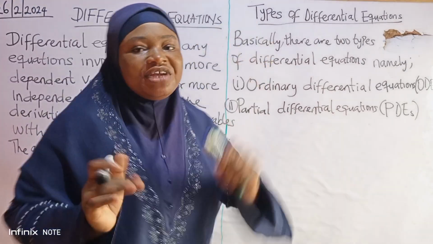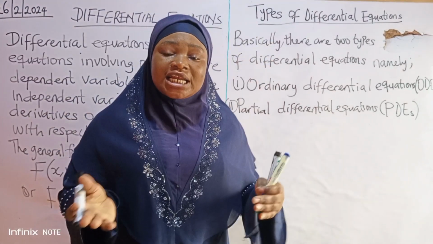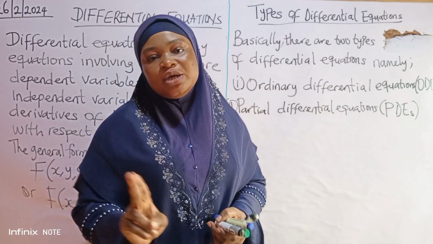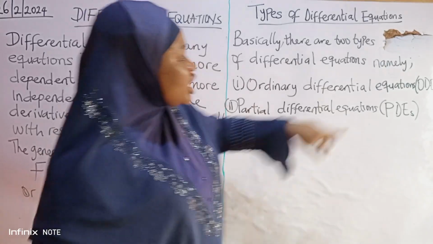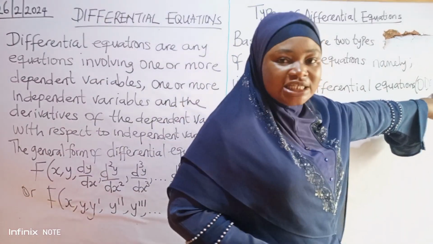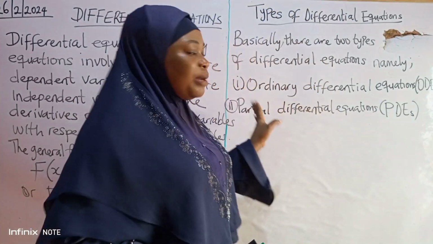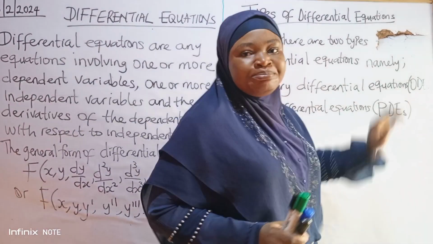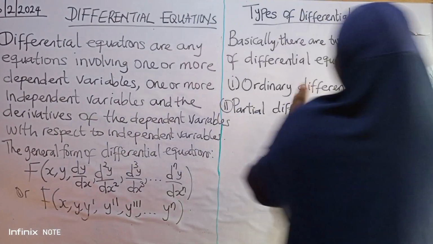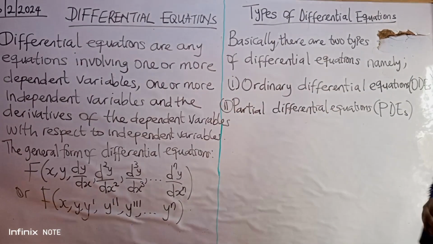So, types of differential equations. Basically, we have two types of differential equations. We have ordinary differential equations, which can be written as ODEs, and the other one, partial differential equations, can be written as PDEs. So, what do you now understand by ordinary differential equation?